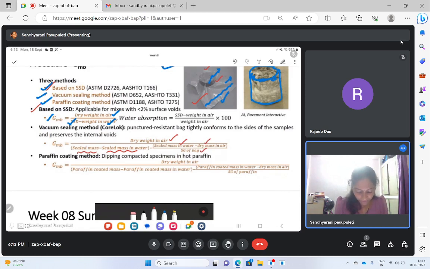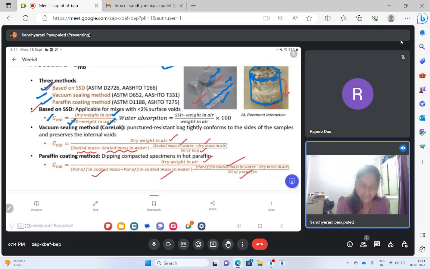If we come to the paraffin coating method, we first take the dry weight in air before coating the wax. Then the paraffin coated mass: we dip the specimen into melted wax and coat it completely so that nothing enters the specimen when we dip it into the water, and we take that weight. The specific gravity of wax is also required for this calculation. If we know this, then we can determine the bulk specific gravity of the asphalt mixture.